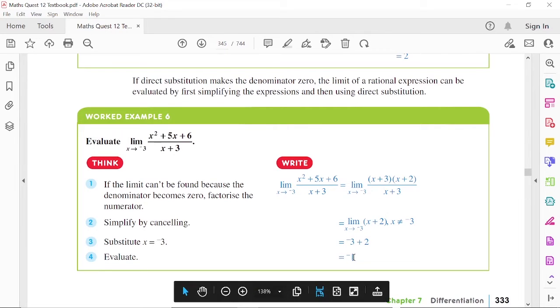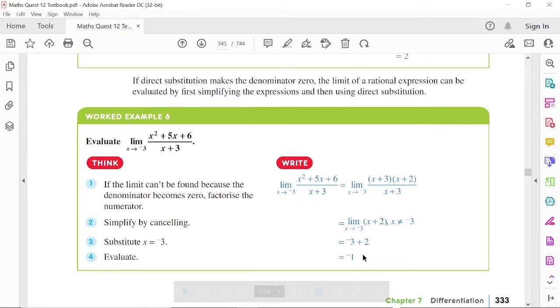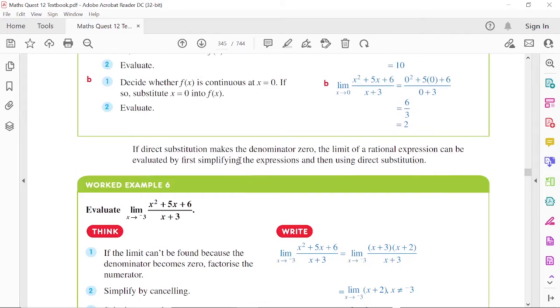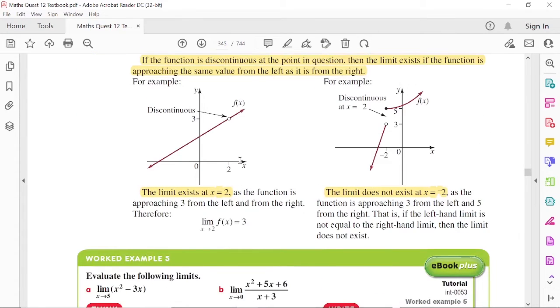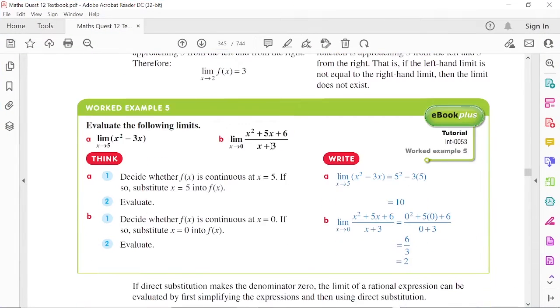And so the limit does exist, being a value of -1. This kind of situation would be like this one here, where it is in fact a straight line, except it has a hole in it there, that discontinuity.